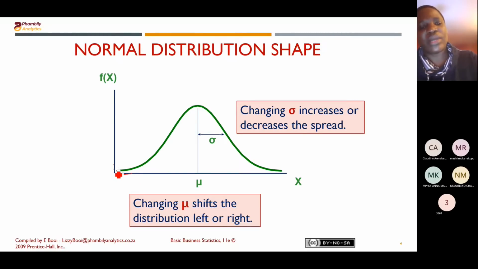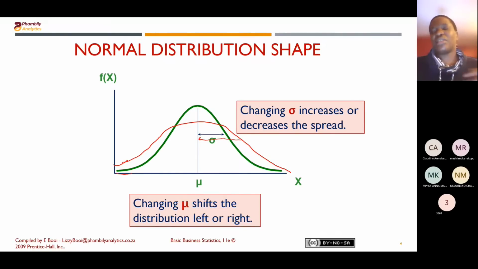If this is 1 standard deviation, 2 standard deviations might look like that, because you can see that the spread from the mean to the outside of the graph is bigger, and therefore the graph also becomes flatter.